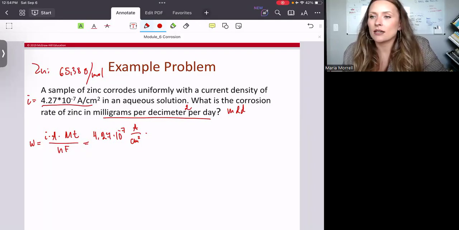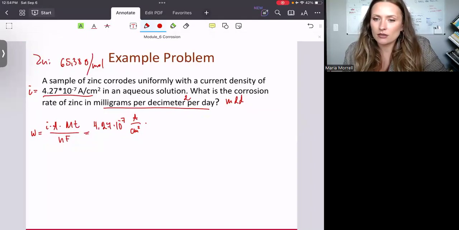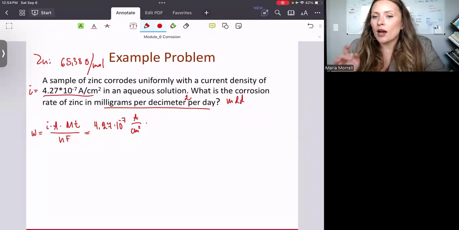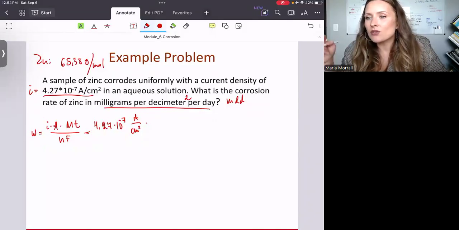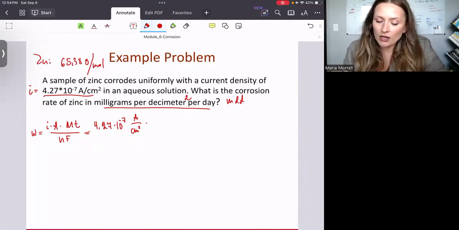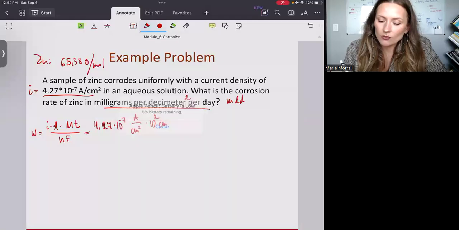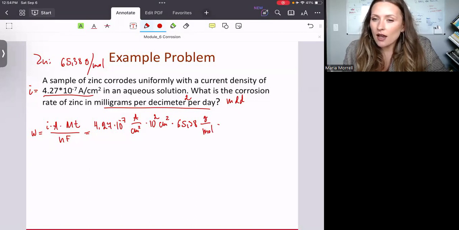I just saw that there is a mistake on the slide. I'm interested in the rate of milligrams per decimeter squared, so decimeter squared is going to be the area that I'd like to take. And I know that decimeter squared is the same as 100 centimeters squared. Now, the molar mass is going to be 65.38 gram per mole, and time is going to be 1 day.